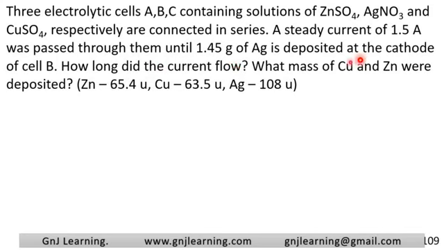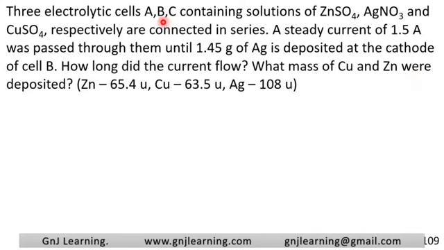So they have connected 3 cells in series. Current supplied is 1.5 ampere and the mass of Ag deposited is given, that is 1.45. With that I have to find the time, and using all these variables I have to find the mass of copper and zinc deposited in cell A and C.